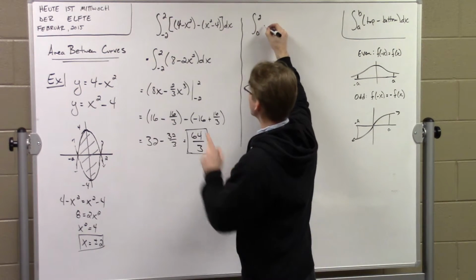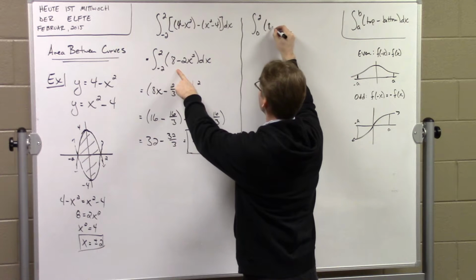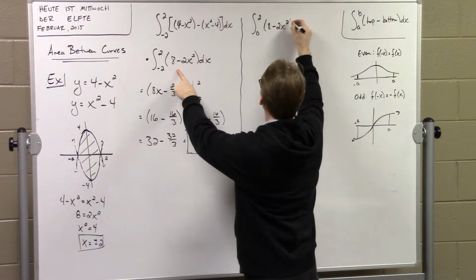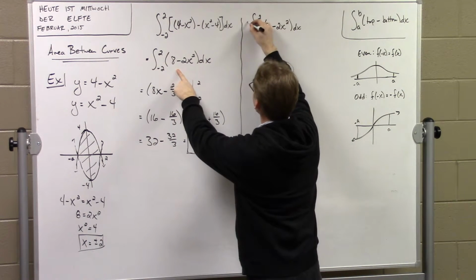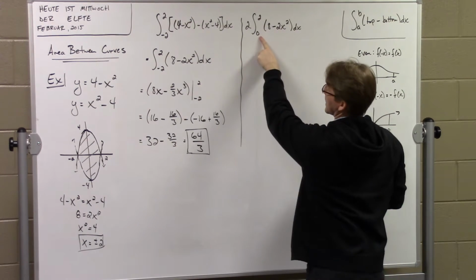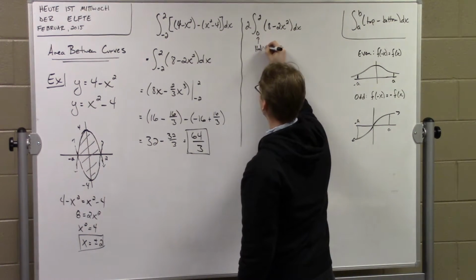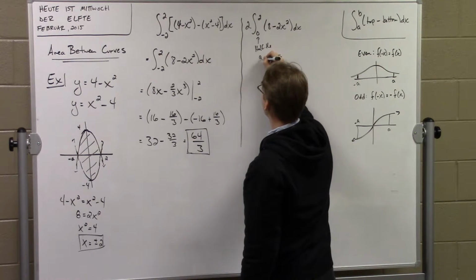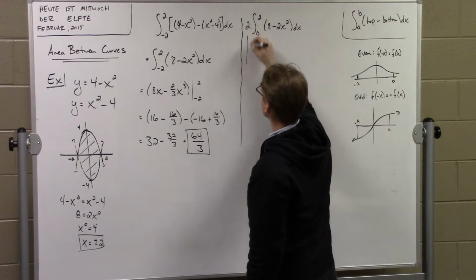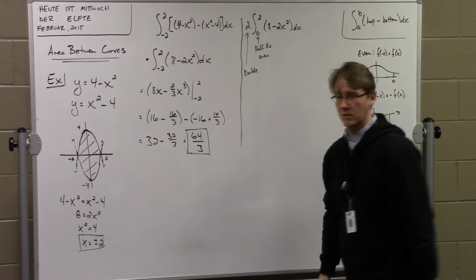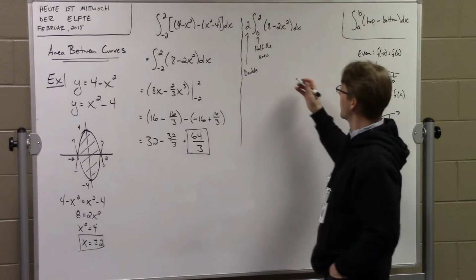We're gonna go from 0 to 2 of that function, the first part cancels, taking half the area, and then we're gonna double it, which will give us the area that we're looking for.